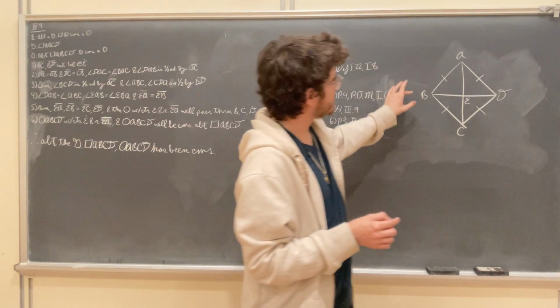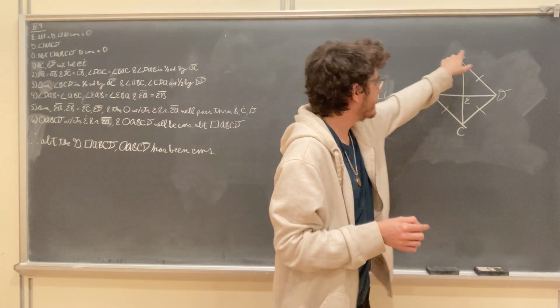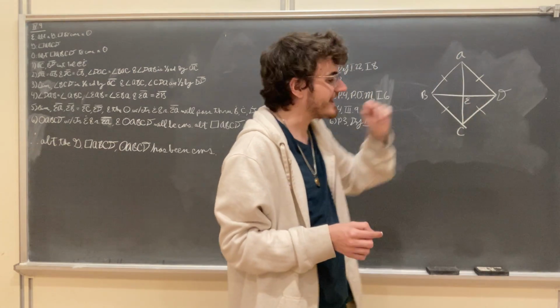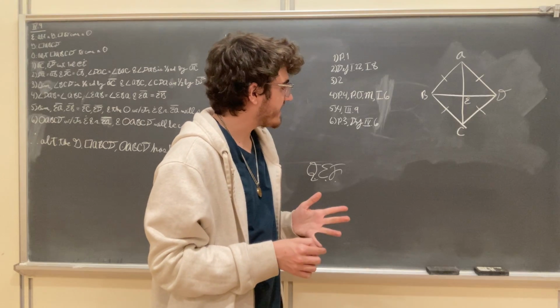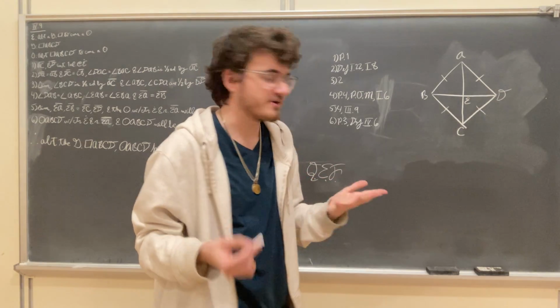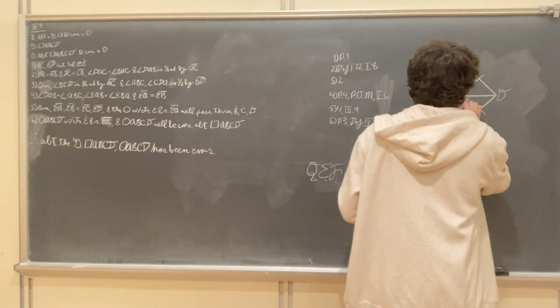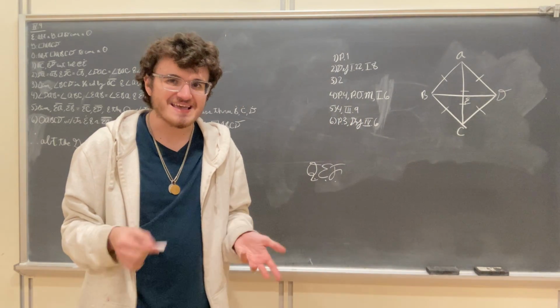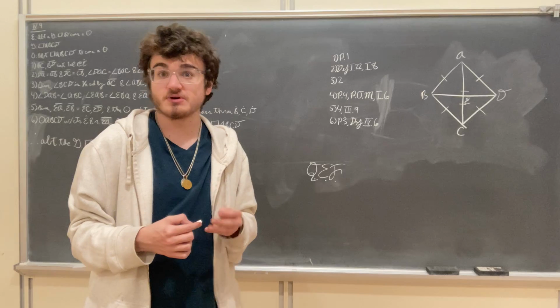Now, if we look at these two triangles here, ABC and ADC, we see that they have a common side, AC. So between these two triangles, we have three sides equal to three sides, which means that we can use proposition 1.8, the side-side-side congruency theorem.